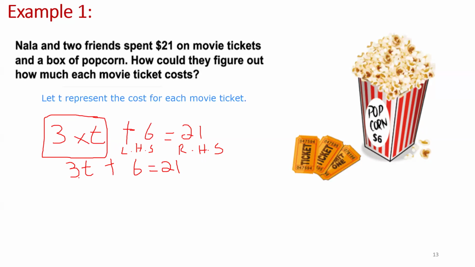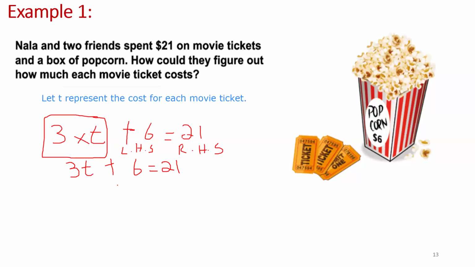All right, so to isolate our variable, we need to get rid of the positive 6 and the positive 3 here. Normally we start by getting rid of the constant. We put the constants together and we keep the variables on one side. So I need to remove this 6 here.